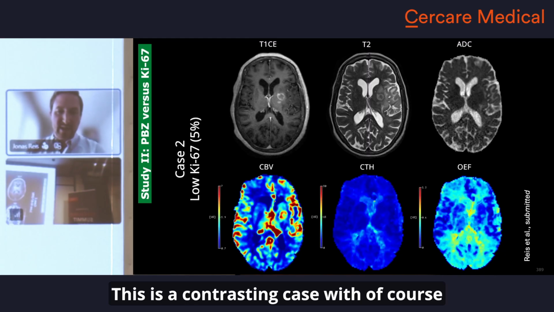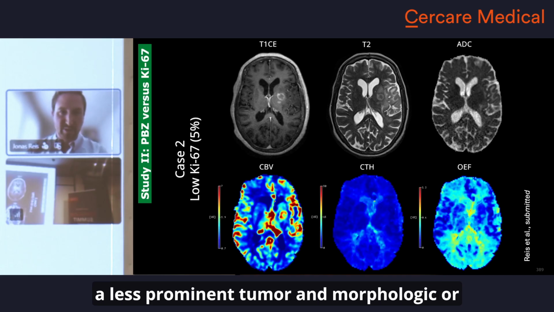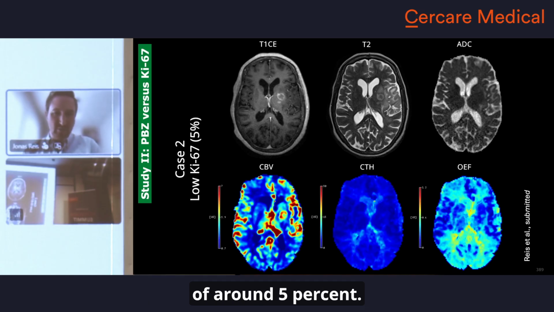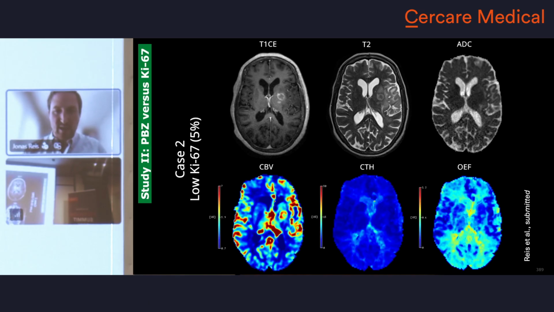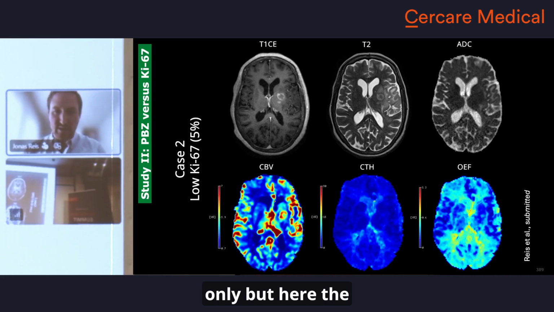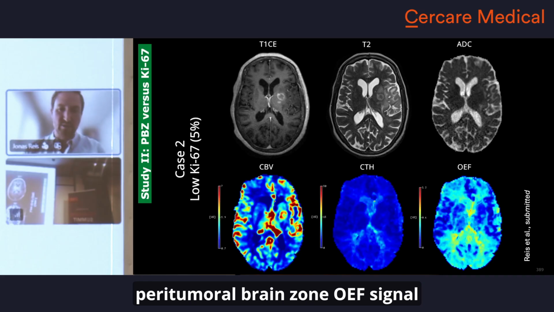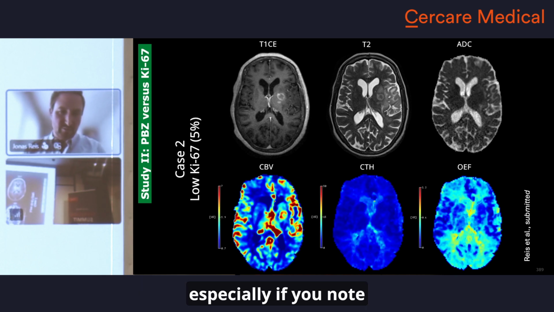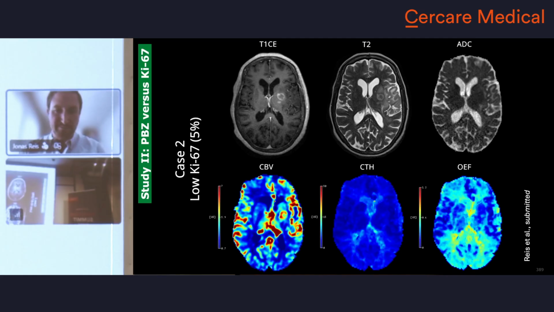This is a contrasting case with, of course, a less prominent tumor in morphologic or structural MRI, but also with a low Ki67 of around 5%. And again, these images are illustrative only, but here the peritumoral brain zone OEF signal is much less striking or not apparent, especially if you note the clear CBV hotspot.